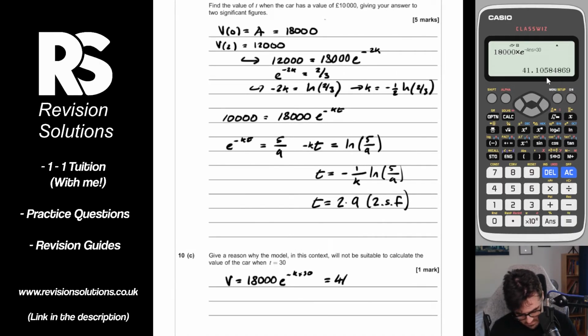So that's a pretty unrealistic cost or value of a car. You'd always scrap a car before you try to sell it for £40. So that's an unrealistic value, shall we say. And as an extra thing, the scrap value would be more.